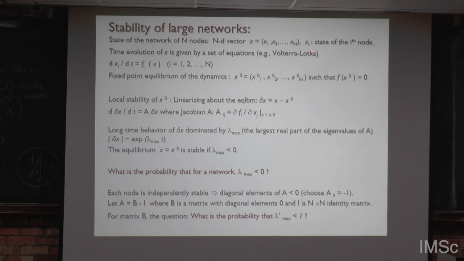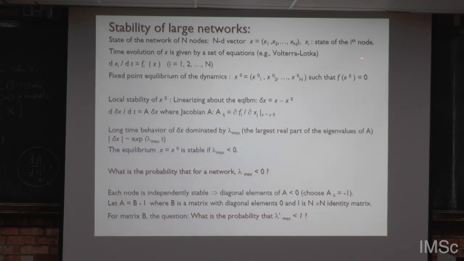Okay? So if I say that x_i is the population of the ith species, I can describe the state of the entire network as just this vector whose components are basically x1, x2, x3. So the population of the first species, population of the second species, population of the third species, up to population of the nth species. Okay?